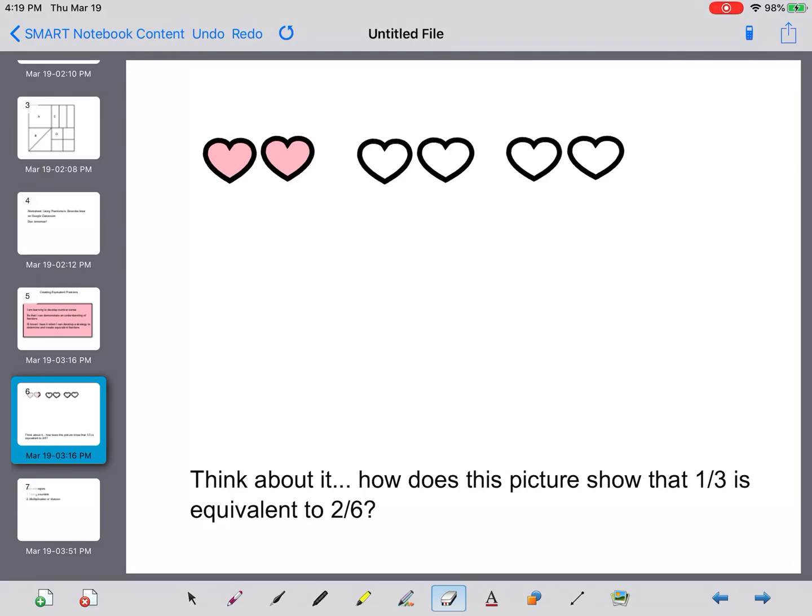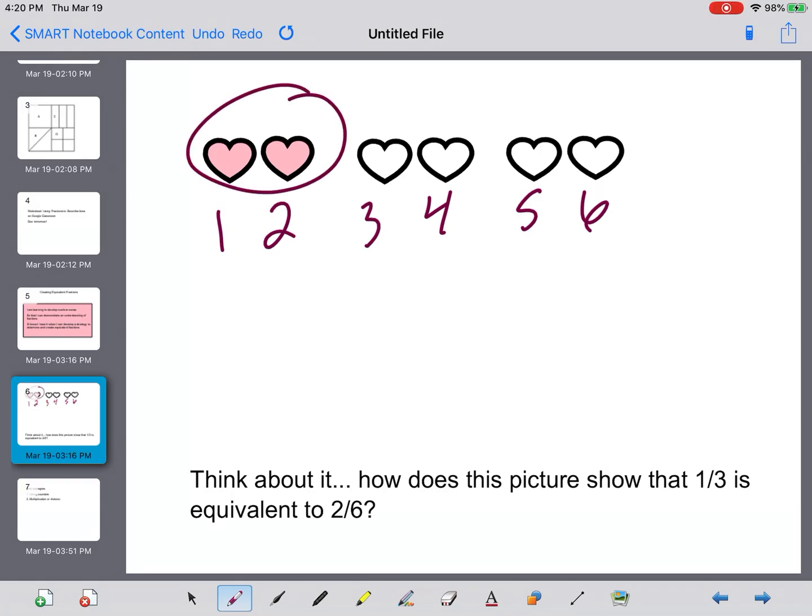So this picture shows us that 1/3 is equivalent to 2/6 because we see that there are 6 hearts: 1, 2, 3, 4, 5, 6, and 2 of them are colored in pink.